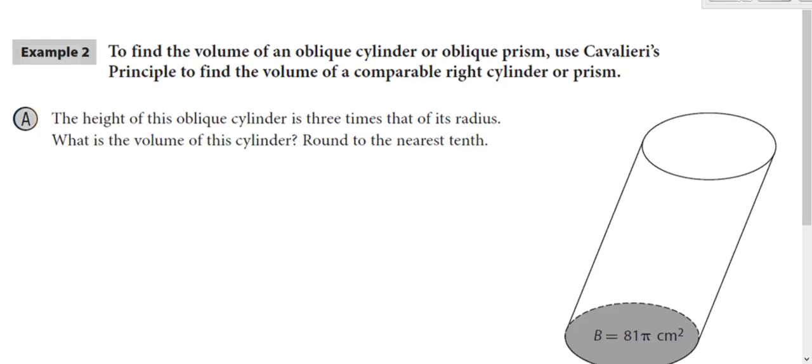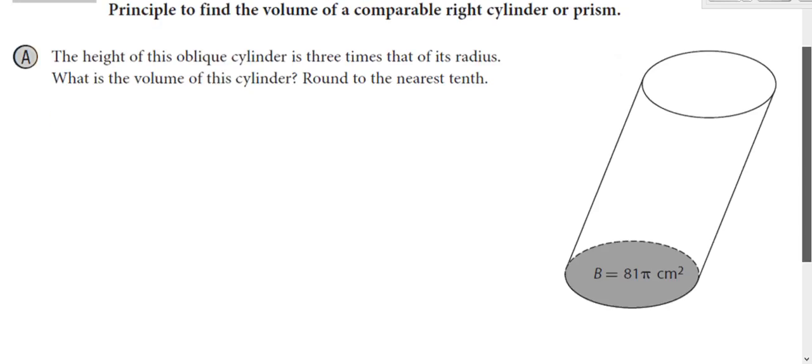So here's a cylinder. Find the volume of the oblique cylinder. And then use Cavalieri's Principle to find the volume of a comparable right cylinder or prism. So we know the area of the base.